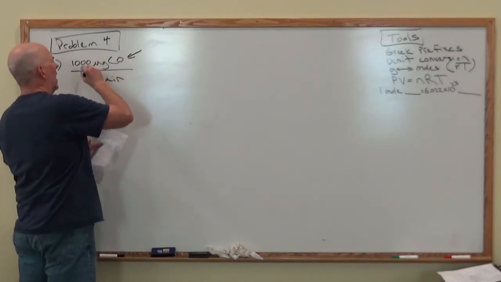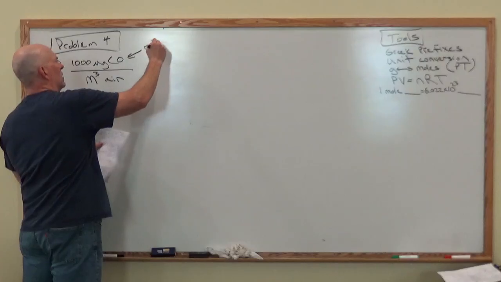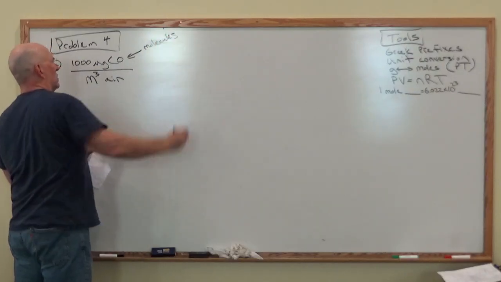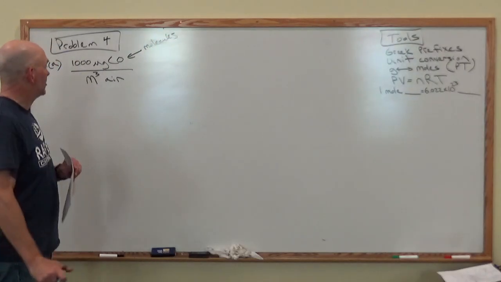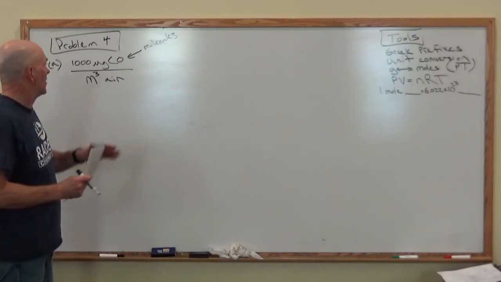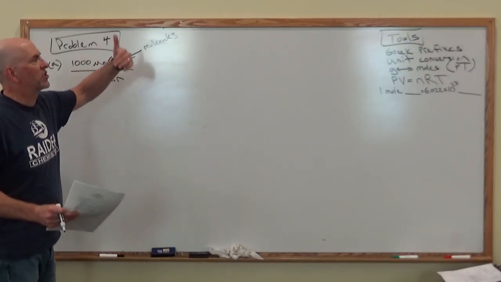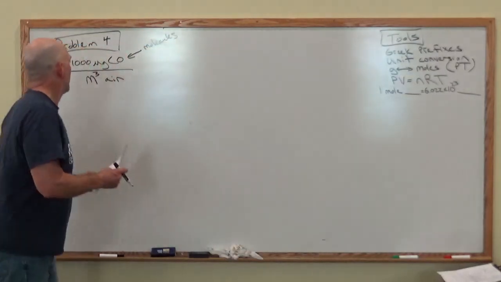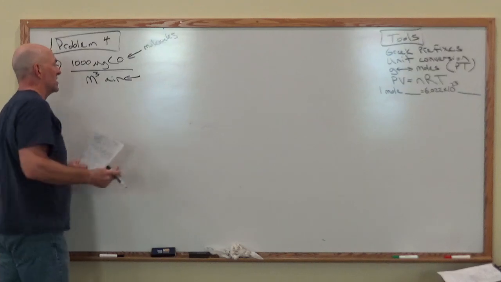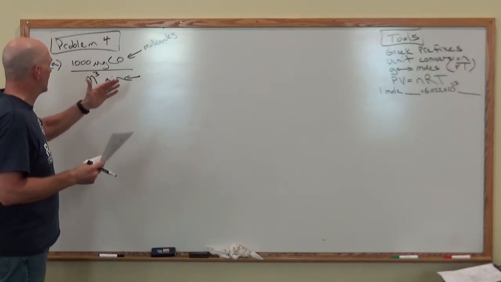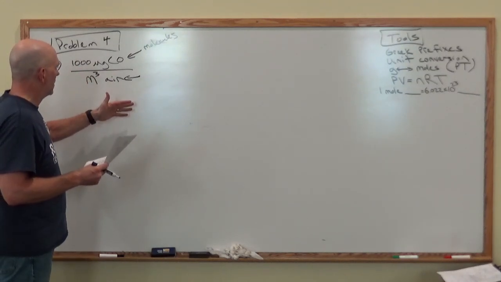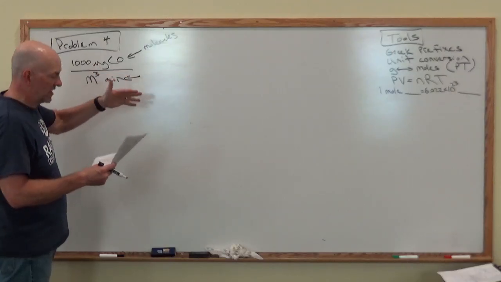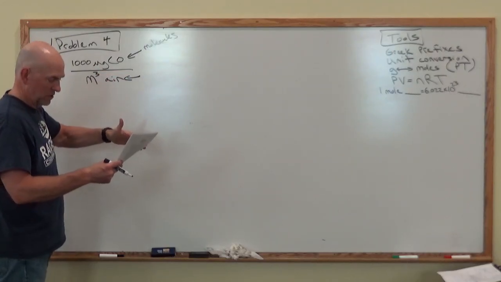Okay, so we want to convert 1,000 micrograms into molecules. How do you do that? That's stoichiometry. So you take micrograms, convert it to grams, convert it to moles, multiply by Avogadro's number. The bottom part, you want to take a volume, cubic meters, and convert that into millions of molecules.